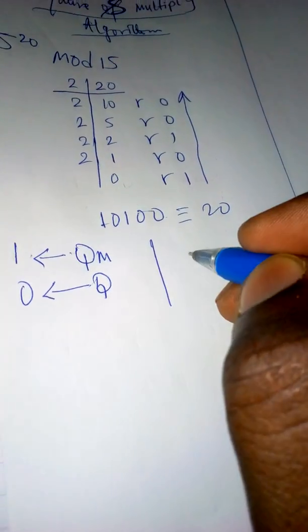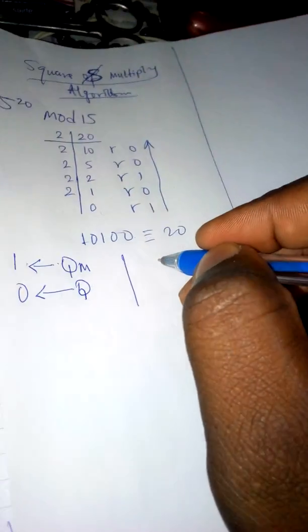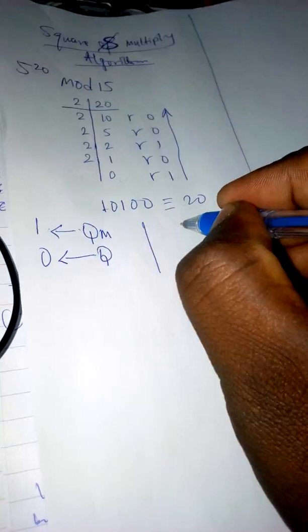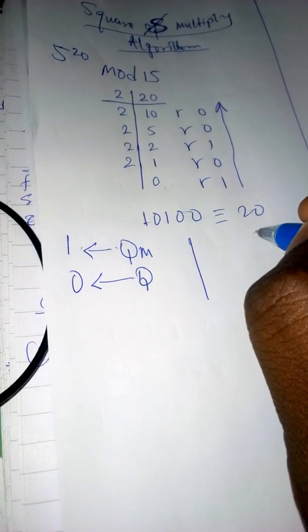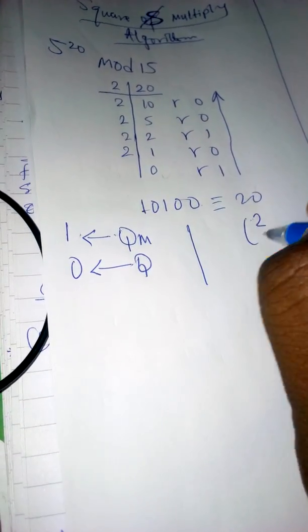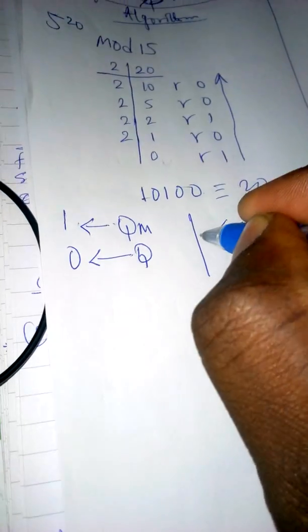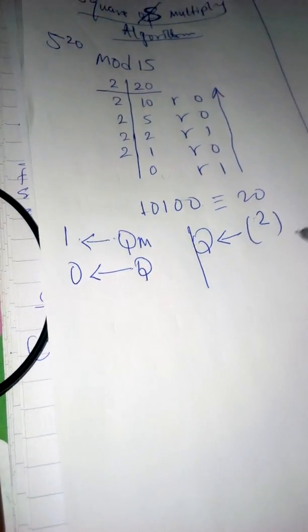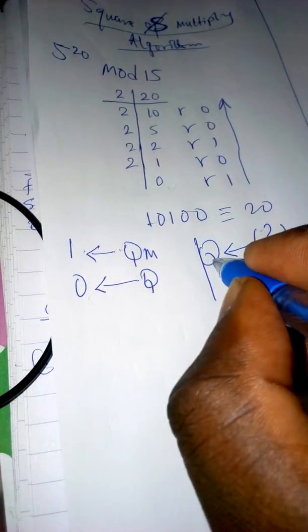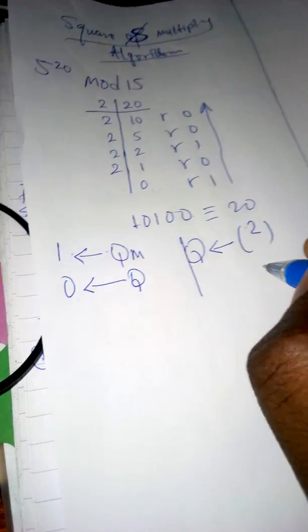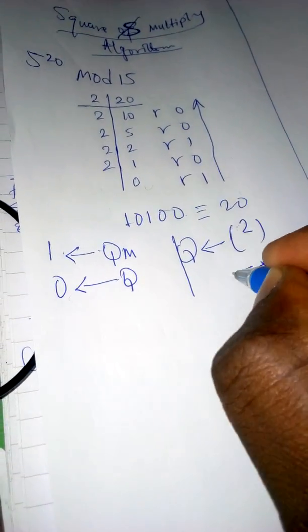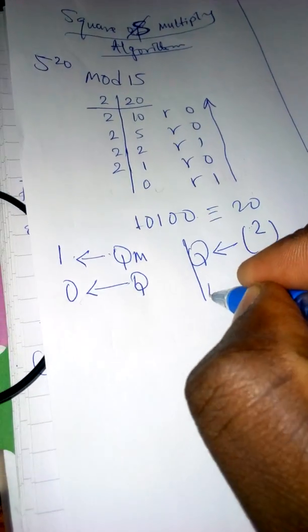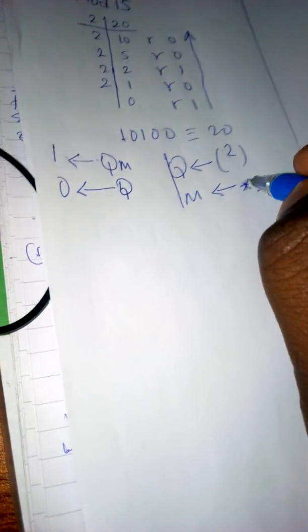Then step 3 is to use some values. We use square to represent Q. Wherever we see Q, we remove it and put square. Then we use star X to represent M. This star X can be any value, the base.